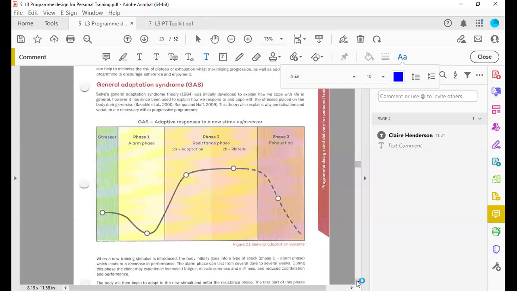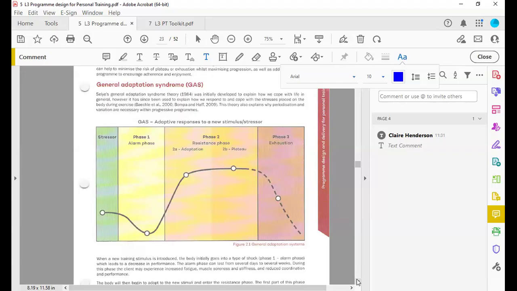Very similar to strength. So if we wanted to recruit predominantly type 2B muscle fibers, then the loads would match the percentage 1 rep max. We've got to see that stressor coming in. Now, when we say stressor, we don't mean kill the client. So with this, your job as a personal trainer is to choose the appropriate level of overload.